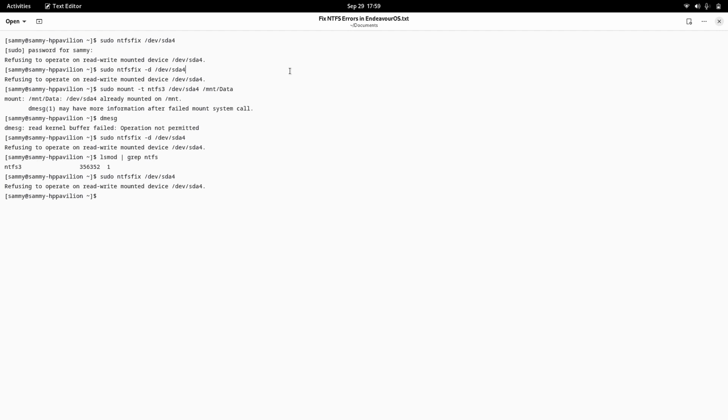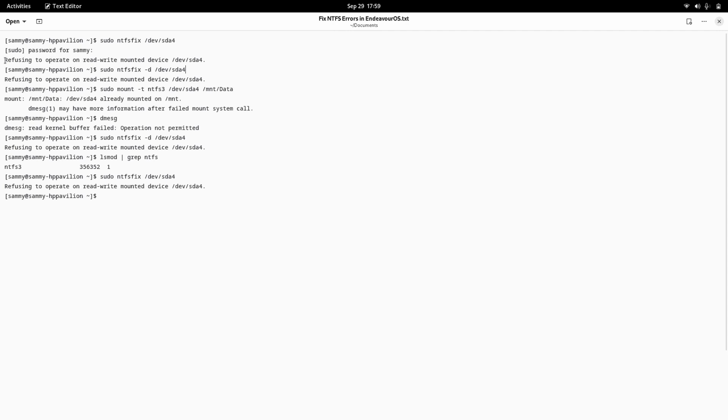If you are able to see the partition in your Linux partition manager or GDisk, then you can issue the command sudo ntfsfix, then give the path to the NTFS partition, that is /dev/sda4.